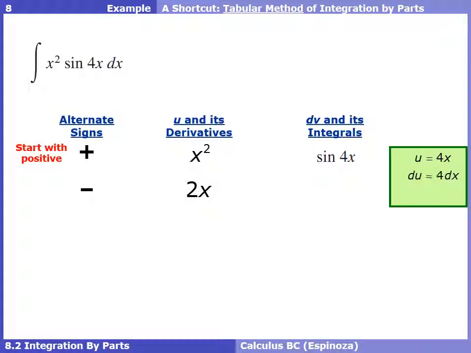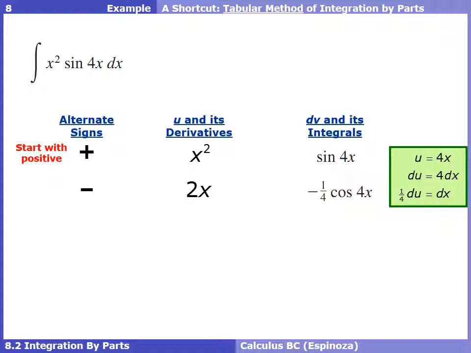So if we call u 4x, then of course du is equal to 4 dx, but since there is no extra 4 in our problem, we would have to move that over as a 1/4. I guess that's really the only thing you need to realize, so that when you take this integral, it's not just negative cosine 4x, it'll be negative 1/4 cosine 4x.